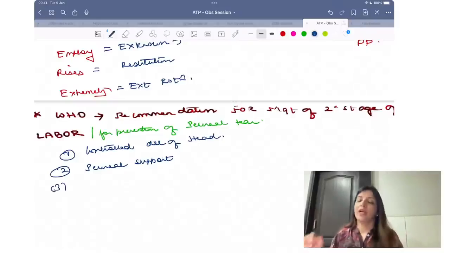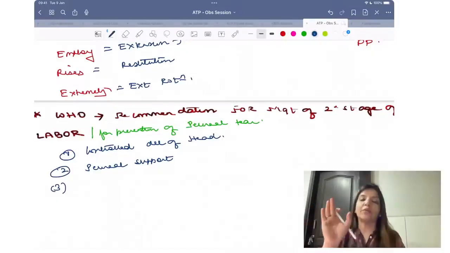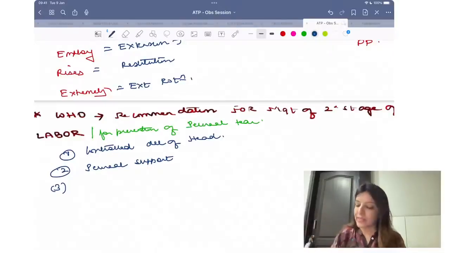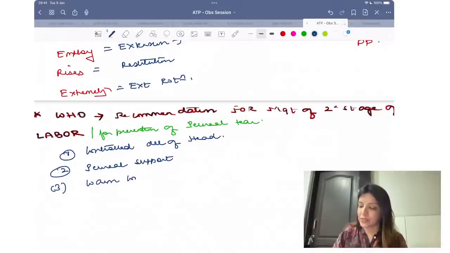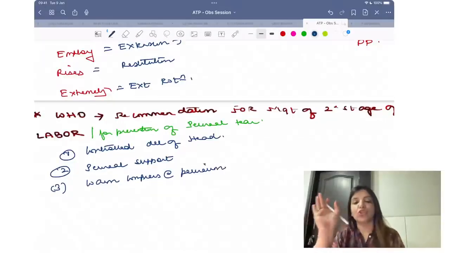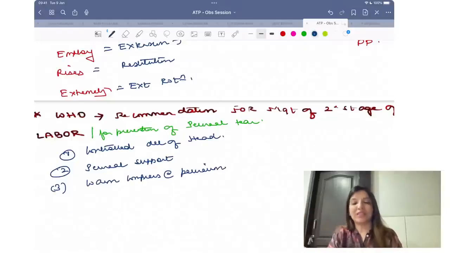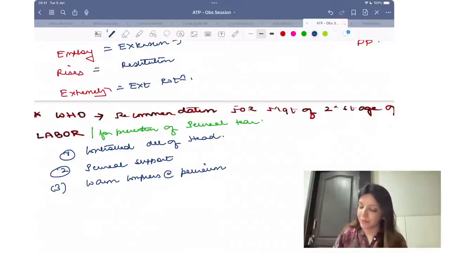Number three, you can take a warm towel and put it on the perineum of the patient, so that the muscles relax. So number three is warm compress at perineum. You take a warm towel and put it on the perineum, so muscles are going to relax, and because muscles are going to relax, the tear is not going to happen.